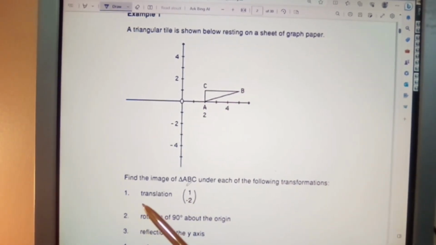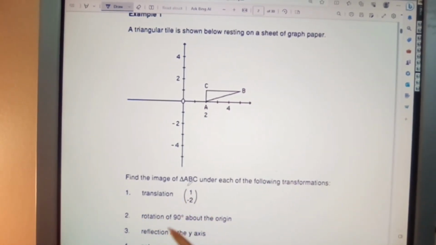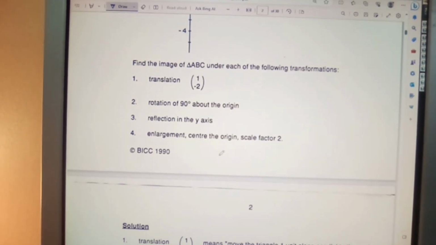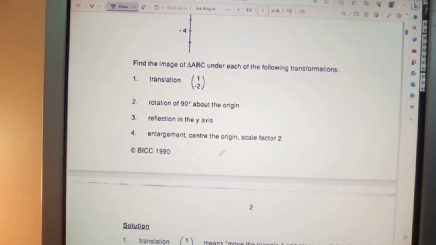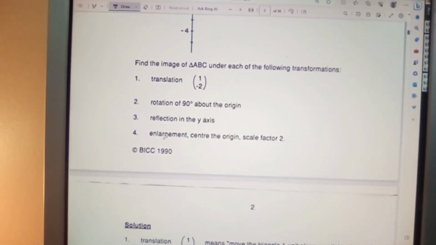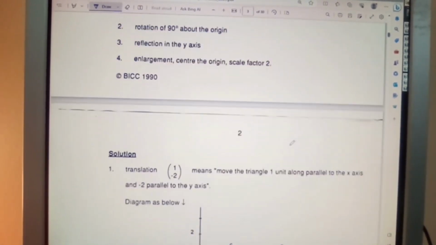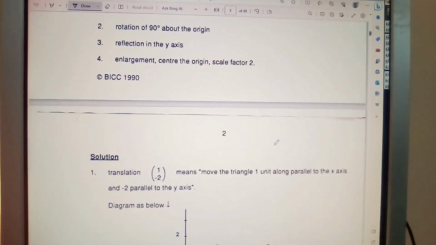One, translation 1, -2. Two, rotation of 90 degrees about the origin. Three, reflection in the y-axis. Four, enlargement, centre the origin, scale factor 2. Okay, let's look at the solution to this now.